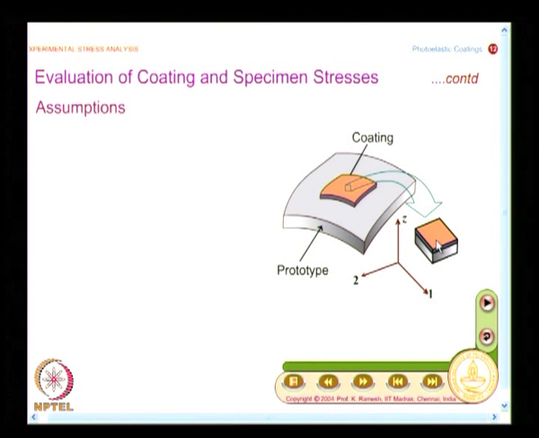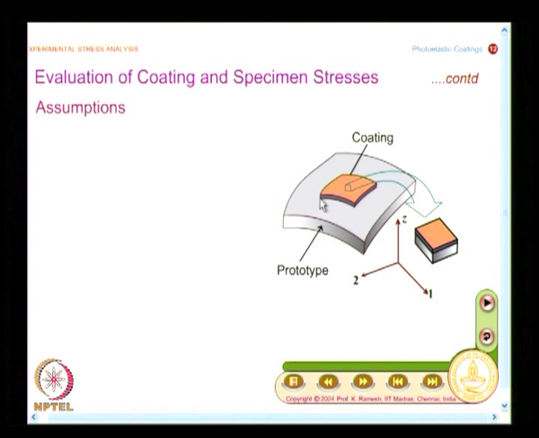So, to minimize our mathematics, I take an axis along the principal stress directions 1 and 2, which in isotropic material coincide with principal strain directions, and I take the thickness as the direction z.